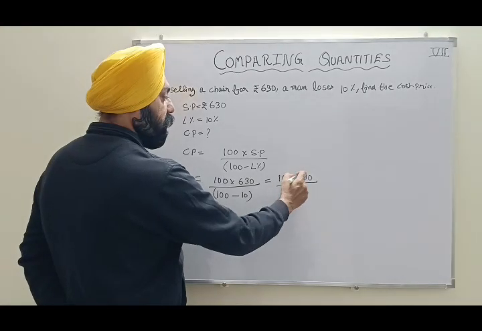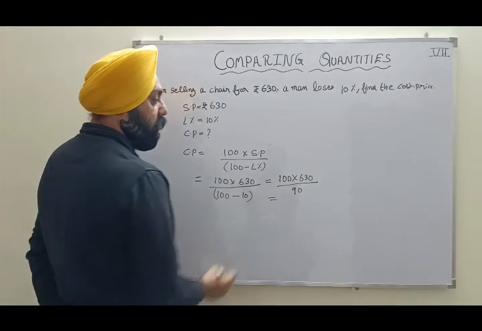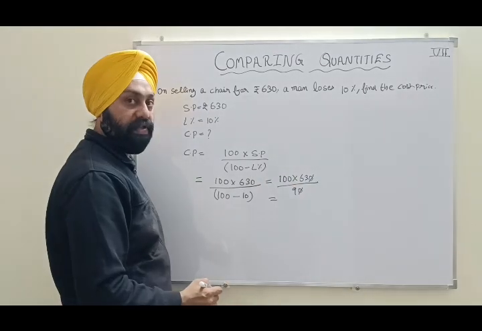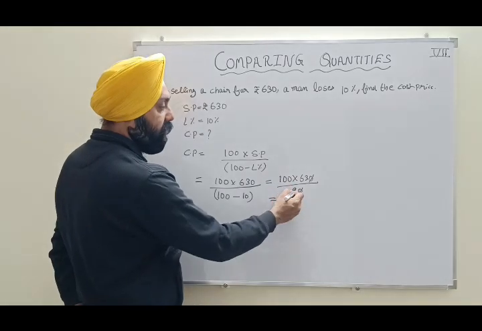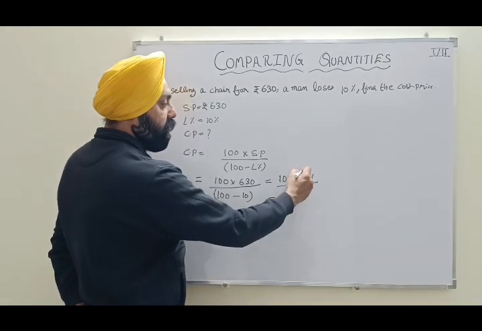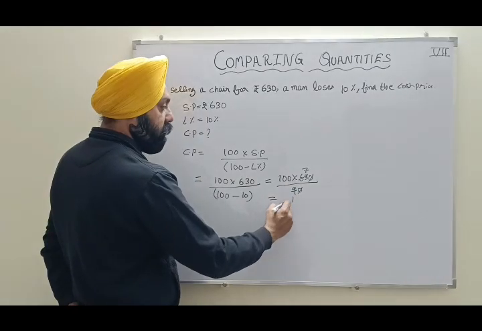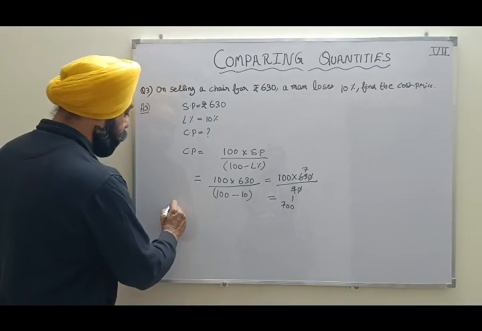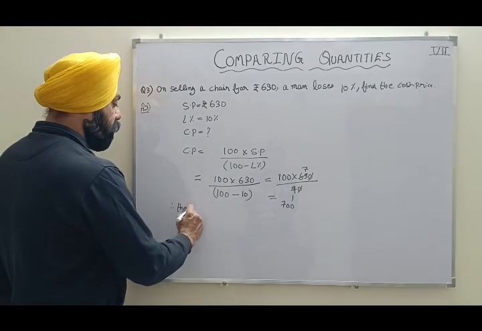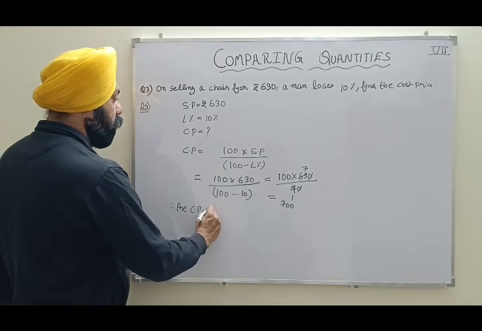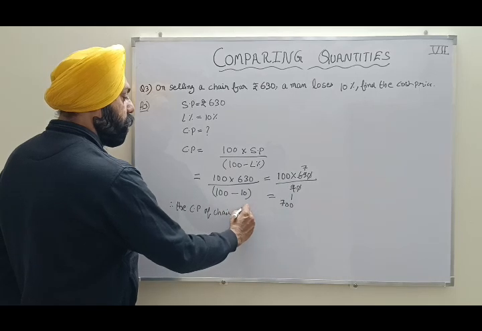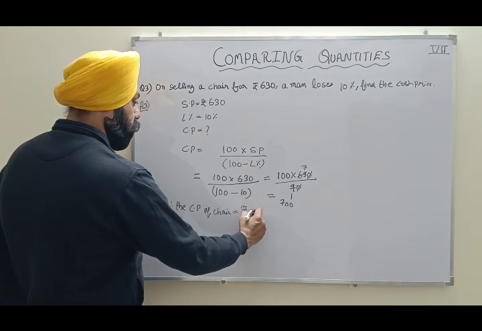Sorry, it is 100 into 630 upon 90. So now you see that you can cut the 0 with this, and 63 and 9 are divisible with each other. So answer is 700. Therefore, the cost price of the chair is equals to rupees 700.